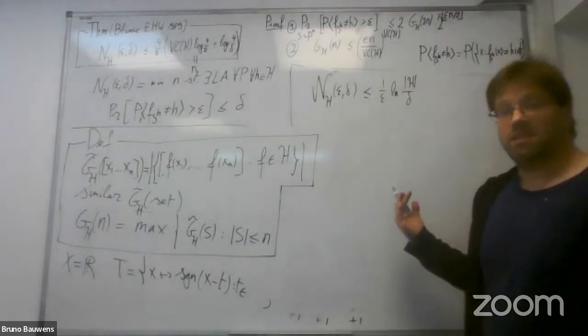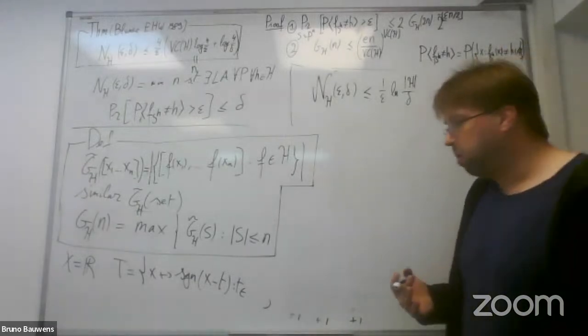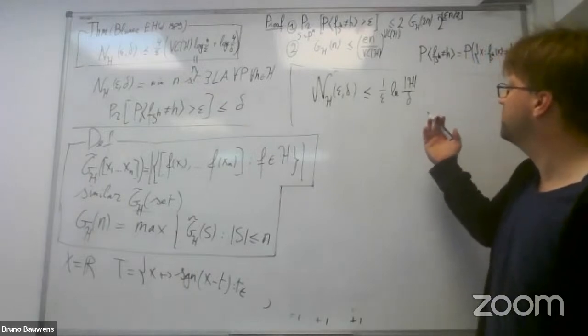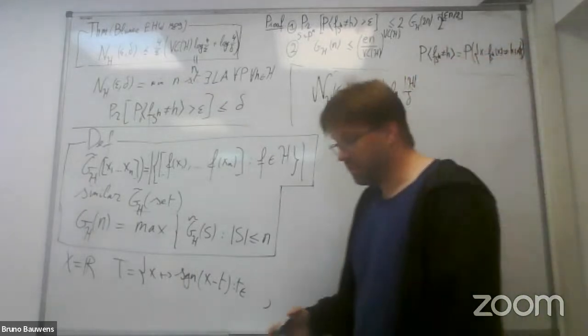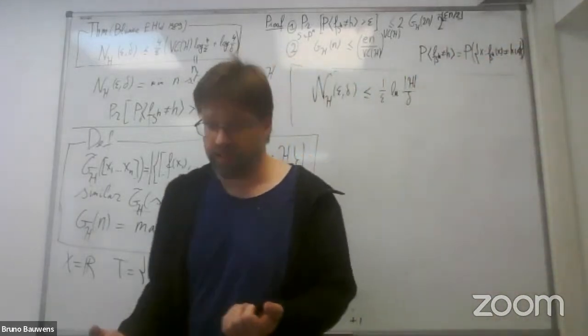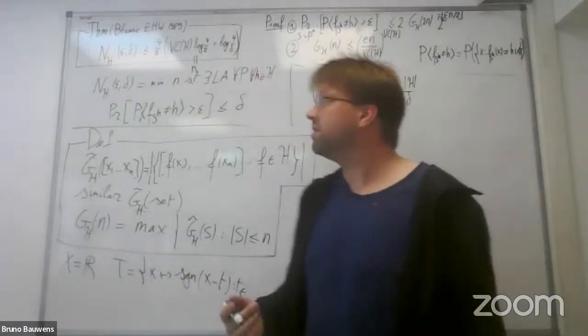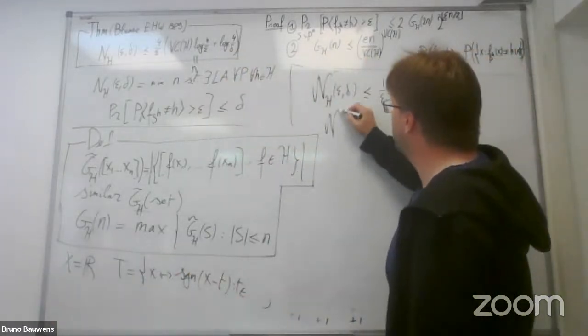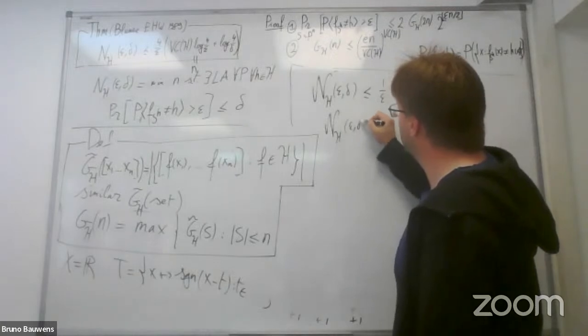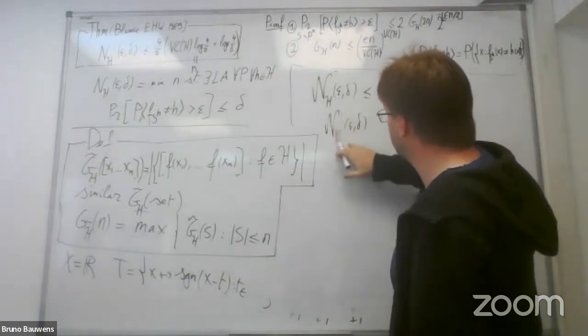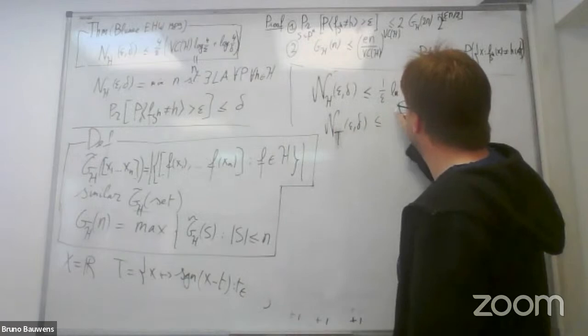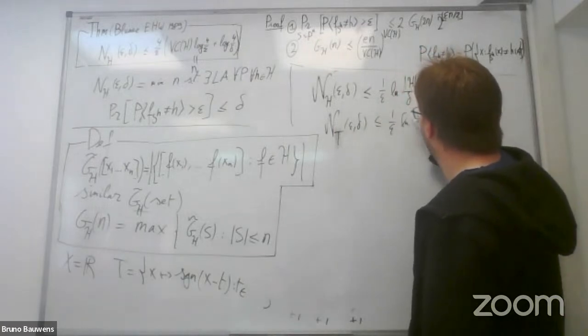And this is nice, but this is useful for finite H. We also considered some infinite H, for example, threshold functions. And there the sample complexity of H, epsilon, delta is bounded by 1 over epsilon ln 1 over delta.